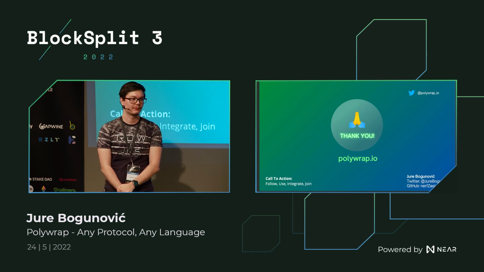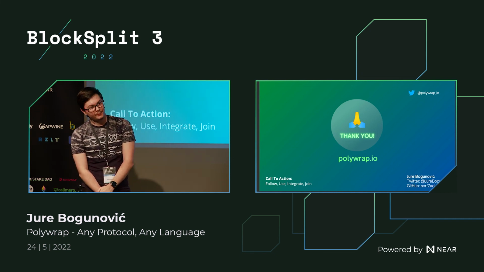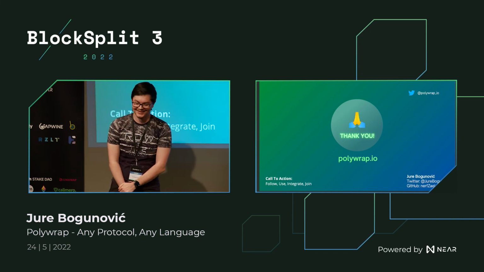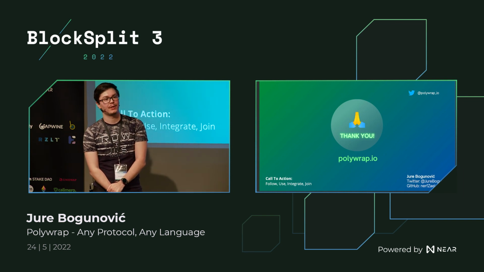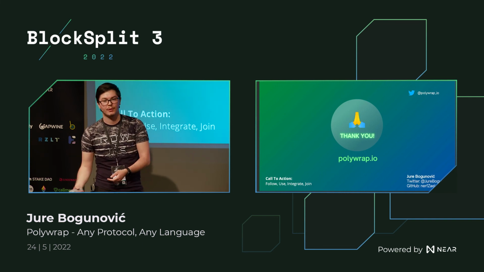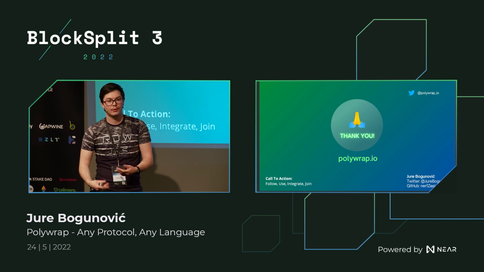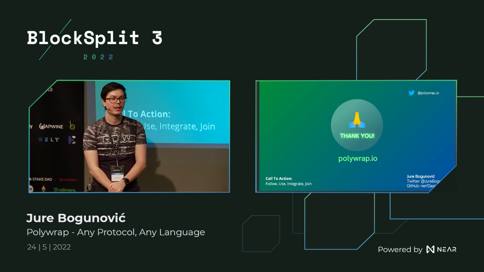So which languages can you write wrappers in right now? Okay, so to write your wrappers, you can currently use Rust and AssemblyScript. AssemblyScript is really similar to TypeScript, so it's great for TypeScript developers to onboard to writing WebAssembly modules.